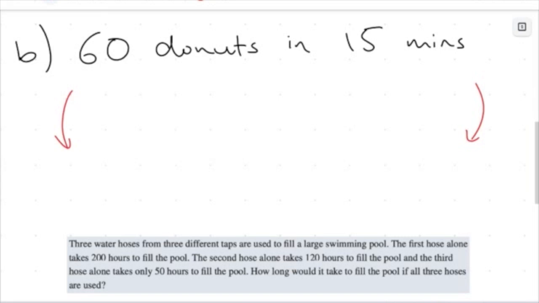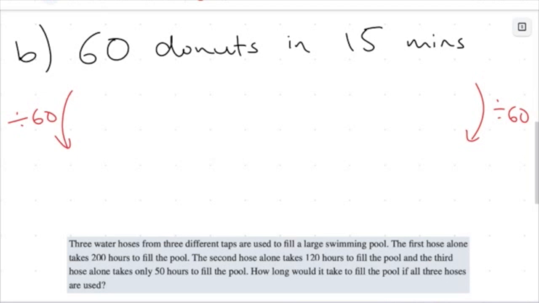And we can do this in a variety of different ways. I'm just going to do it using the unitary method, which we're used to doing by now, I hope. So 60 donuts in 15 minutes. Well, I can find out how long it'll take to make one donut. And I can do that by dividing both sides by 60.